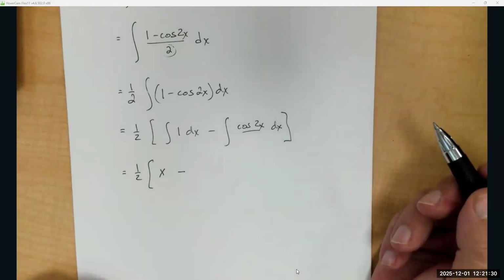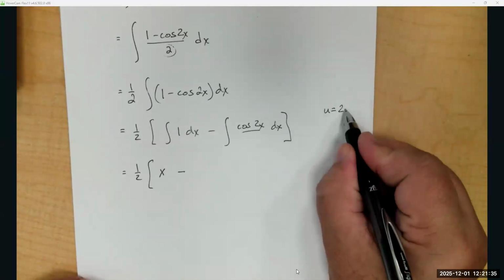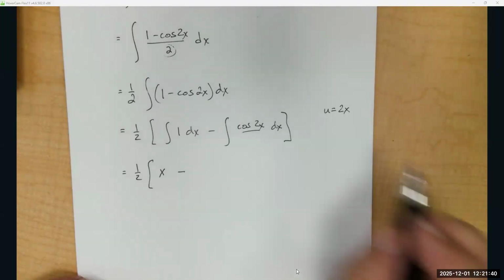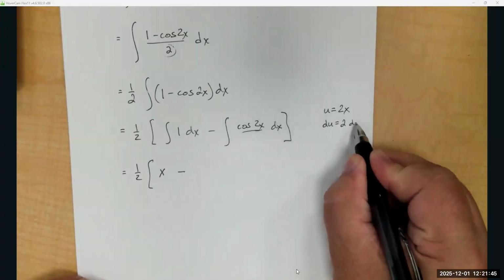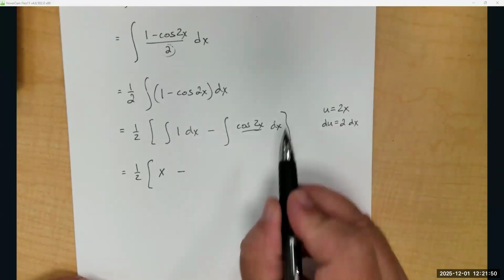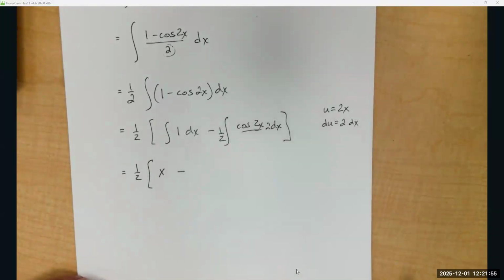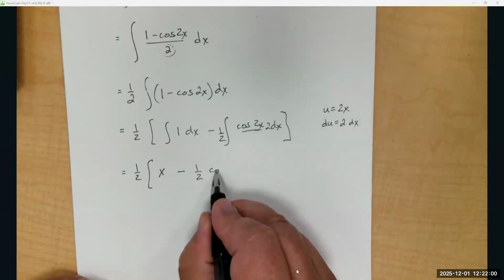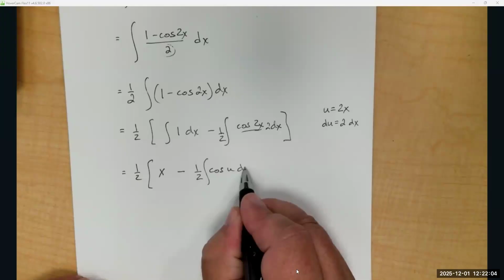Because this is a chain rule, we have to define what is u. Then what's du? What's missing here? So I put a 1/2 out in front. So this is 1/2 cosine u du.